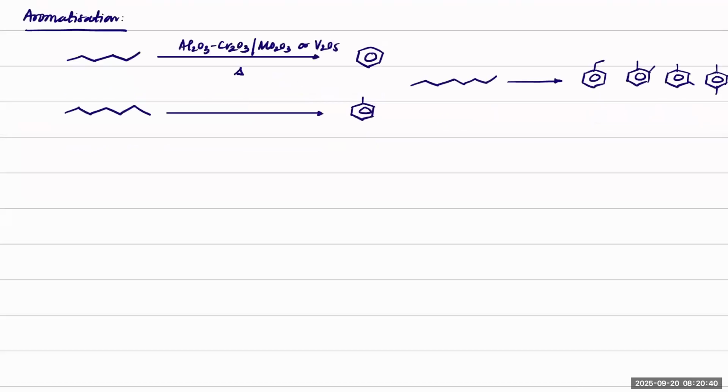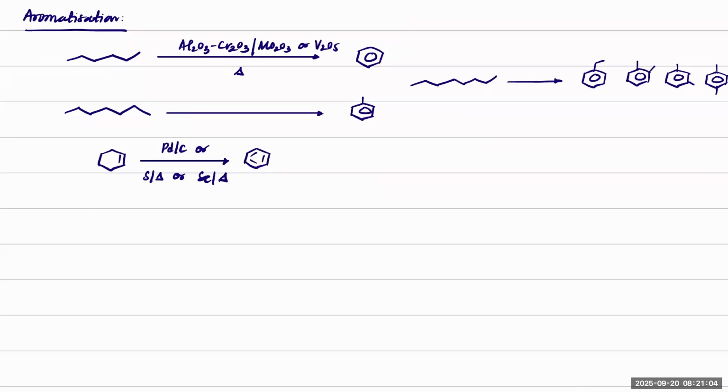Aromatization also happens in cyclic structures, correct? Here the reagents used could be different. I mean, we can use the same reagents. The alternative reagents will be palladated carbon, or sulfur and heat, or selenium and heat. This will also convert this into an aromatic ring.